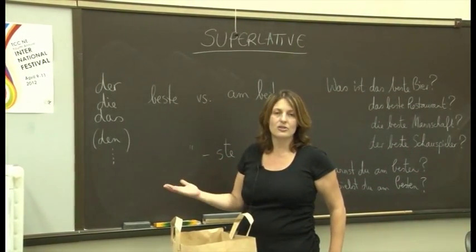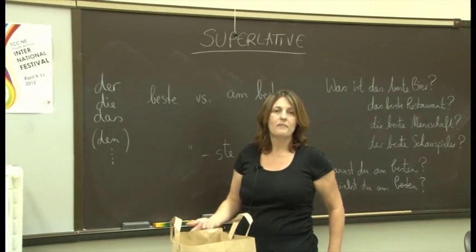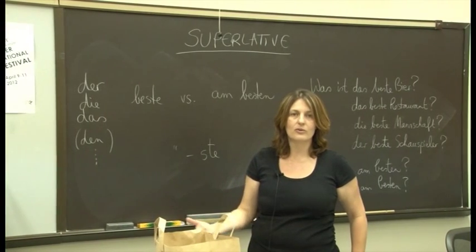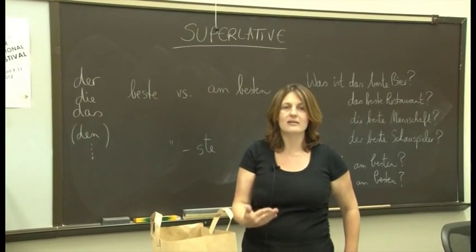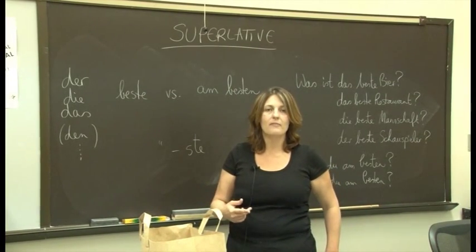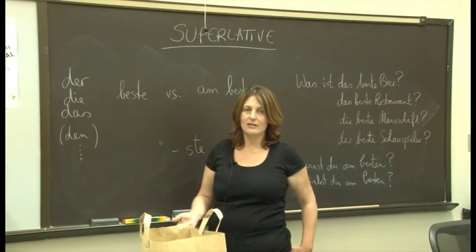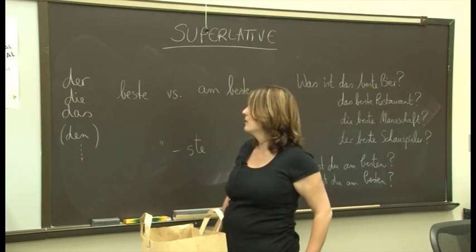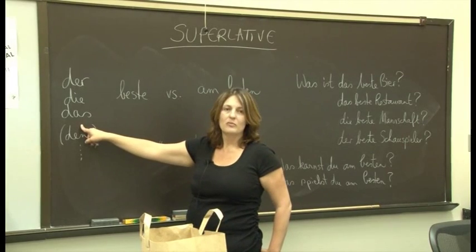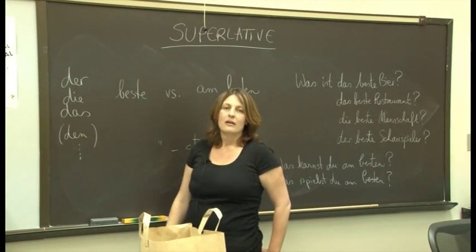Die älteste Stadt Deutschlands ist Trier. Ja? Ich komme aus Italien. Ich komme aus Bologna, Italien. Und in Bologna ist die älteste Uni Europas. Ja? Die älteste Universität in Europa ist in Bologna. Die, ja?